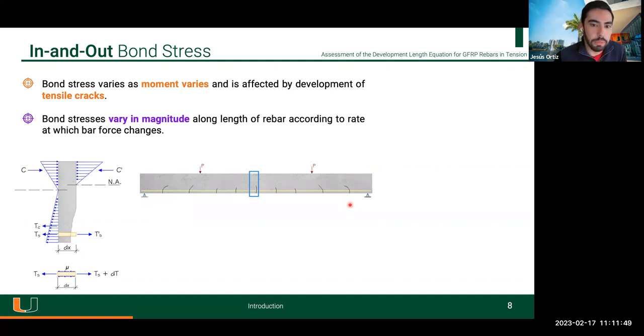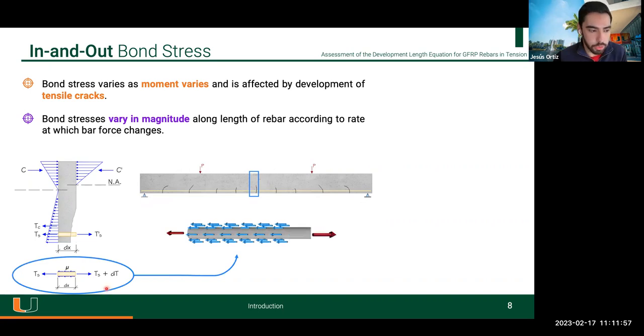If we draw the free body diagram of the bar, we will have different tensile forces that are equilibrated by the bond stresses, because here the concrete is helping with the tensile stresses, and here the bar is taking the full stresses. So there is an incompatibility of forces that should be taken by the bond stresses.